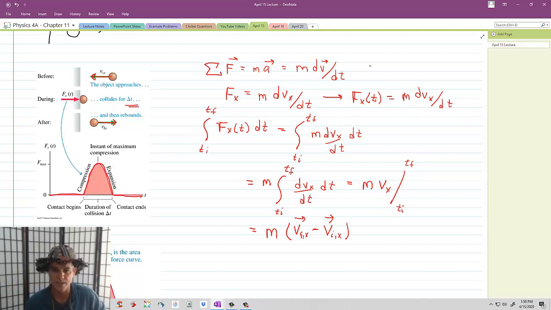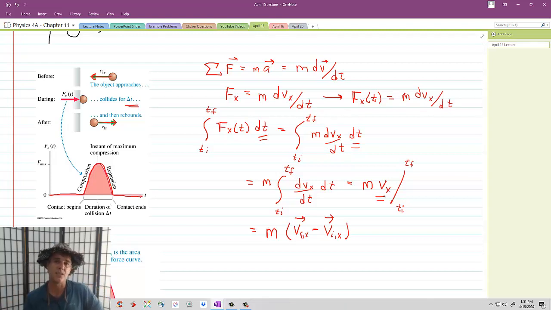So for this right-hand side, from m dv/dt, I integrated both sides with respect to time. We haven't looked at the left-hand side yet, but on the right-hand side, m is constant, so I can pull it out of the integral, and I have the integral of dvx/dt integrated over dt. So I basically end up with my original function, evaluated at some initial time and some final time.